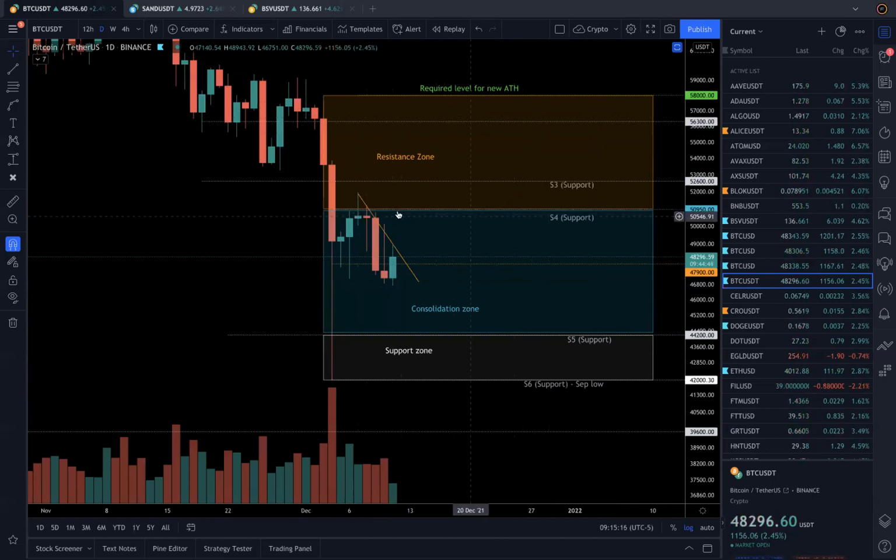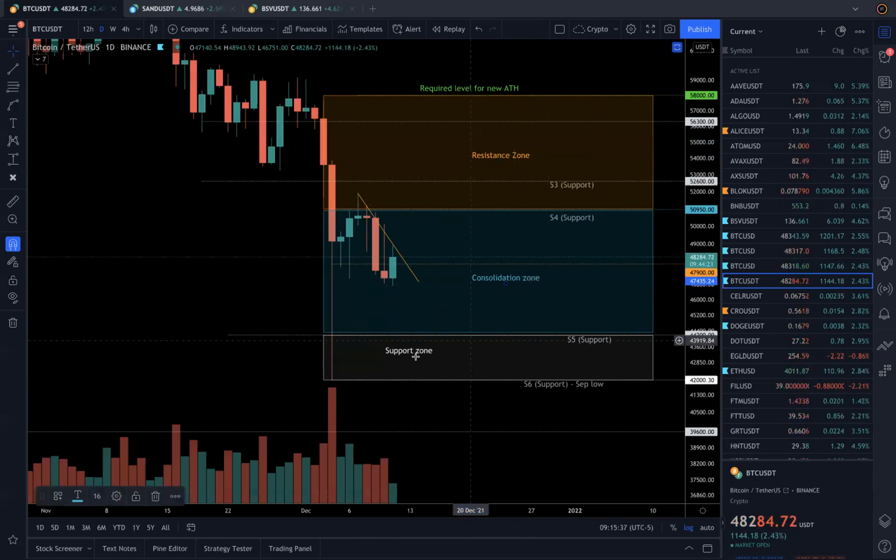This cyan color that you see is a typical consolidation zone, and if you look at it, it bounced and went up, but was not truly able to break above. You may say this is resistance, but I purposefully kept 3 layers.